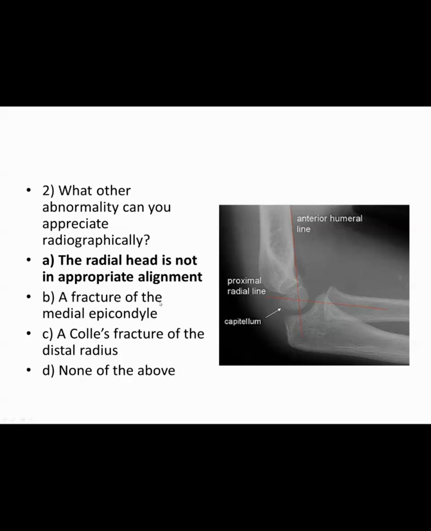There was no appreciable fracture of the medial epicondyle, and a Colles fracture is an eponym given to a very common extraarticular fracture of the metaphysis of the distal radius that results in impaction and dorsal angulation of the distal fracture fragment, and that is a finding that is commonly found after a patient has fallen on outstretched hands, also known as a FOOSH injury, F-O-O-S-H.